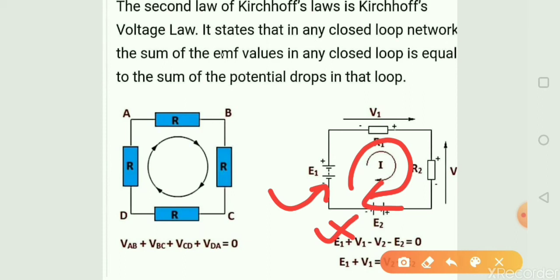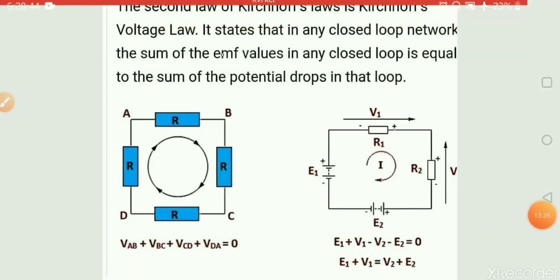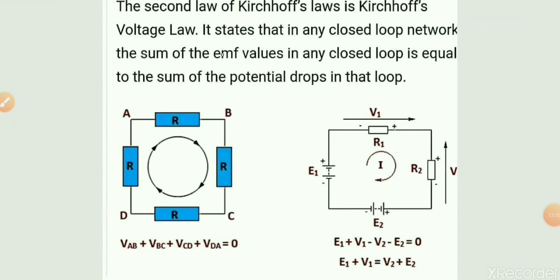Here the first element is E1. We are moving from negative potential to positive potential. We follow the sign convention like that.